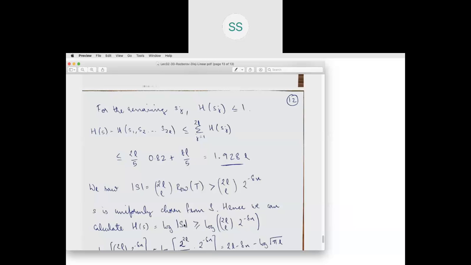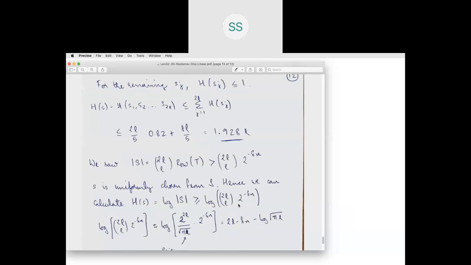So now what is log of the size of S? We can see it is at least this.